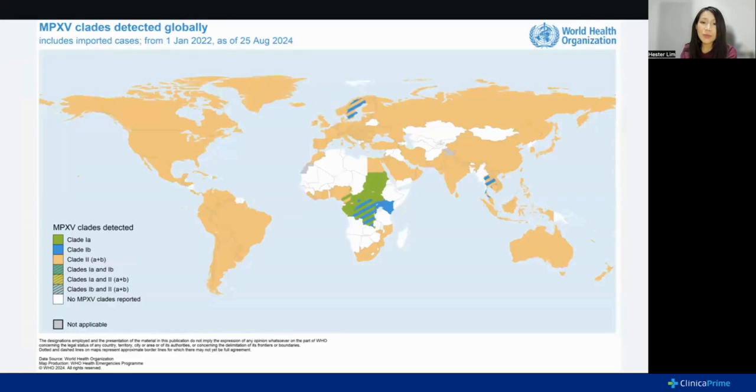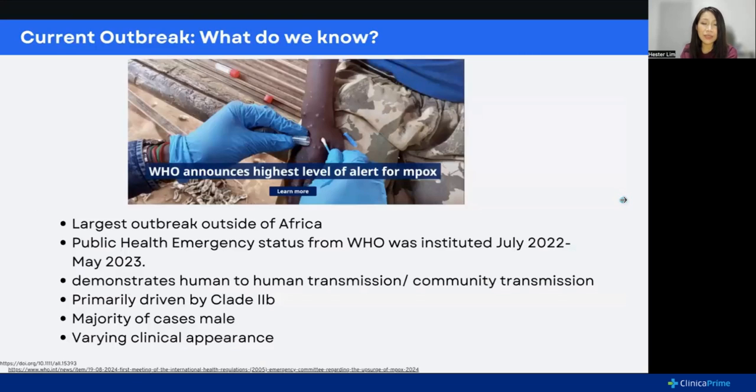So Mpox has been detected in almost every continent worldwide. And you can see that, if you describe the clades, this is primarily going to be clade 2, again, the driving factor behind the 2022 spread of Mpox. But you can see that clade 1A has actually spread outside of its original territory in Central Africa.